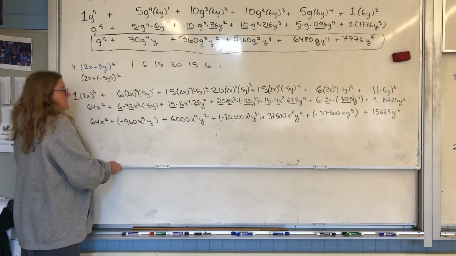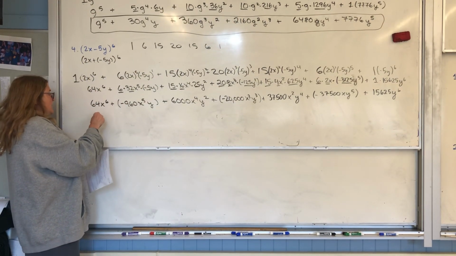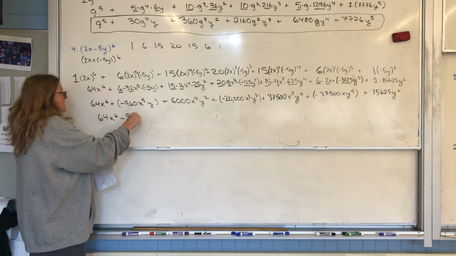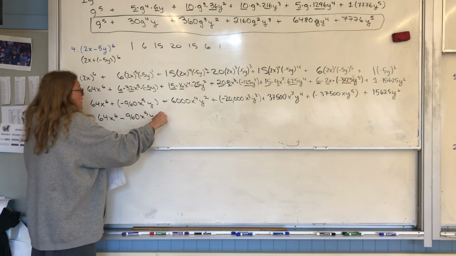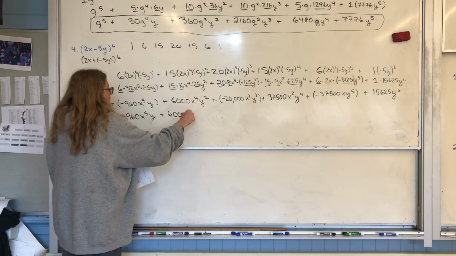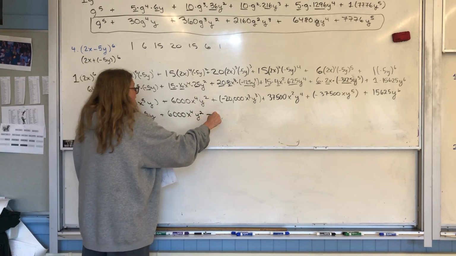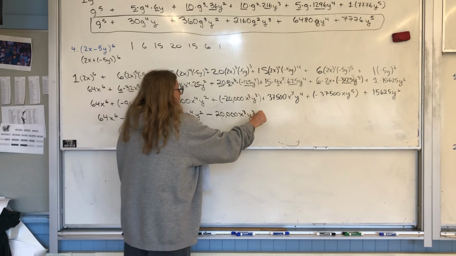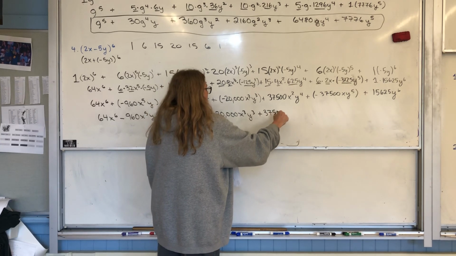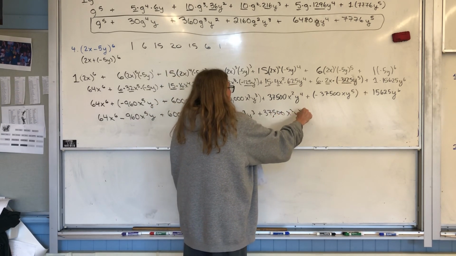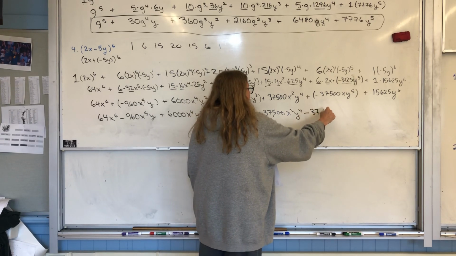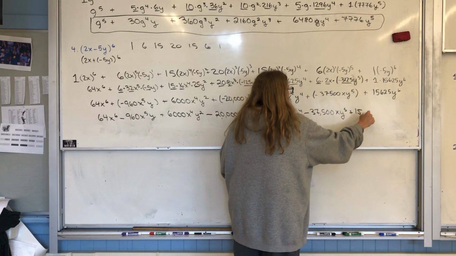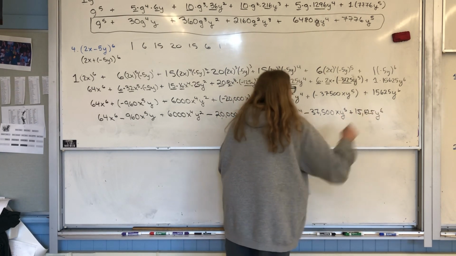So if I'm going to write this out thoroughly, I'm going to write 64 x to the sixth minus 960 x to the fifth y plus 6,000 x to the fourth y squared minus 20,000 x cubed y cubed plus 37,500 x squared y to the fourth minus 37,500 x y to the fifth, and last but not least, that is what I've got.